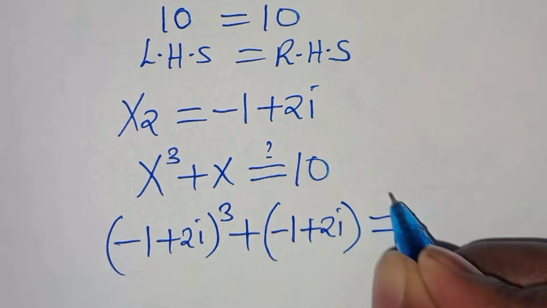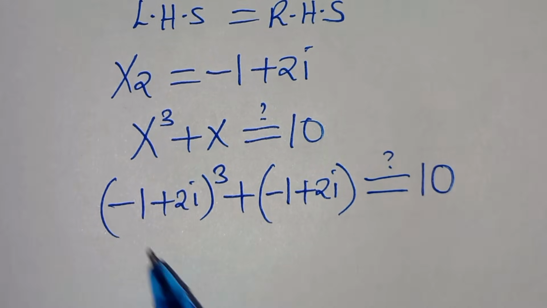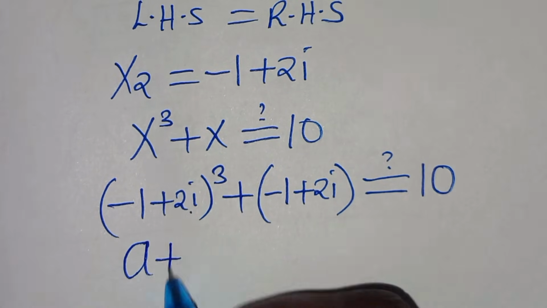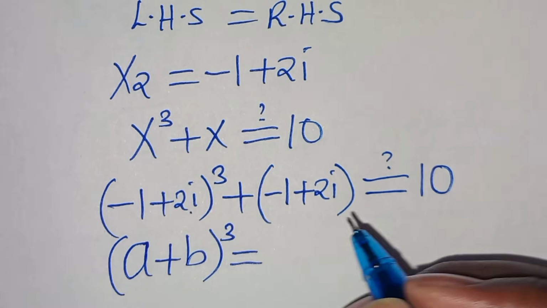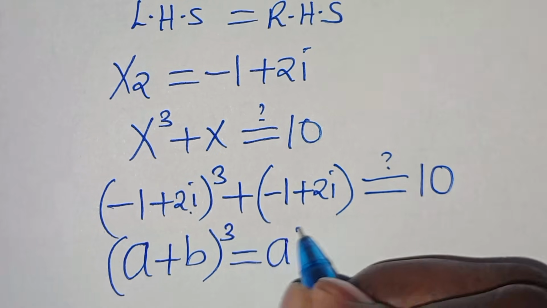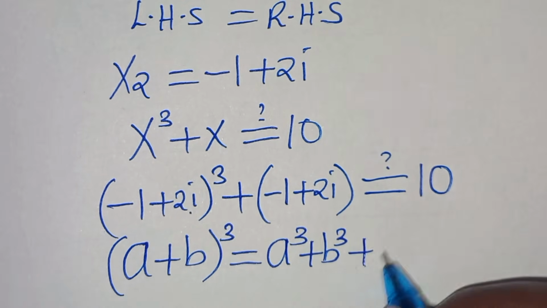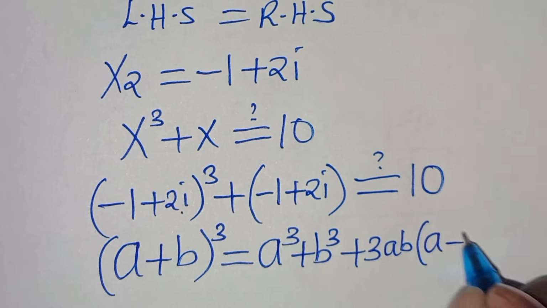This is supposed to give us a value of 10. We have that minus 1 plus 2i to the power of 3 is in the form of a plus b raised to the power of 3, which you can express as a to the power of 3 plus b to the power of 3, then plus 3 times ab into the parentheses, this is a plus b.